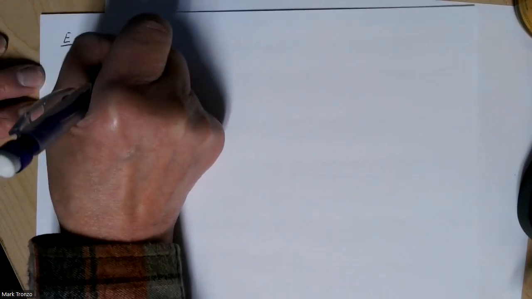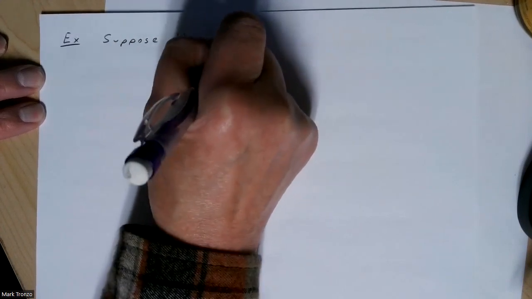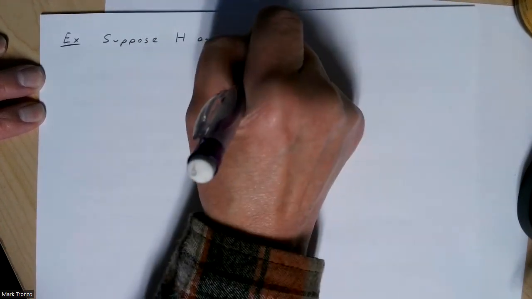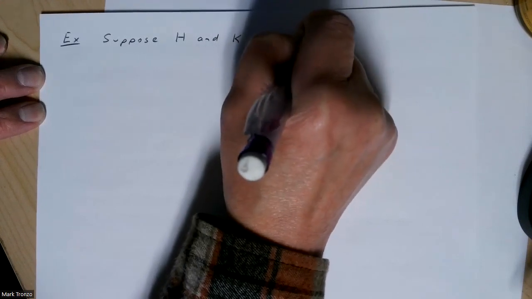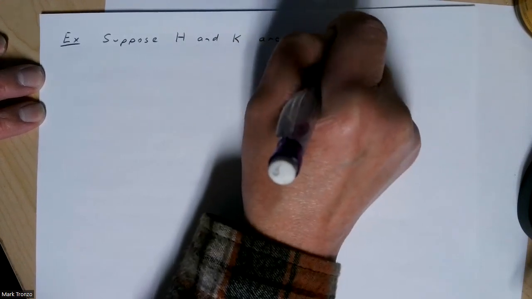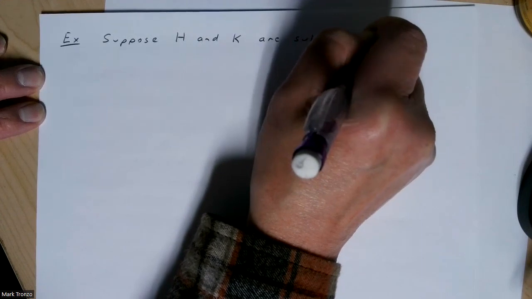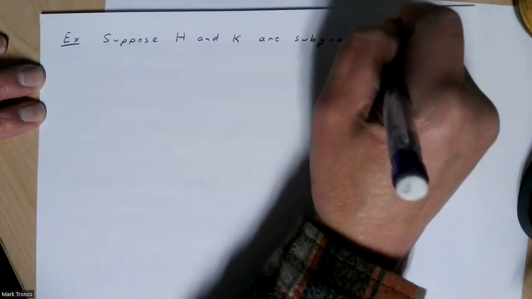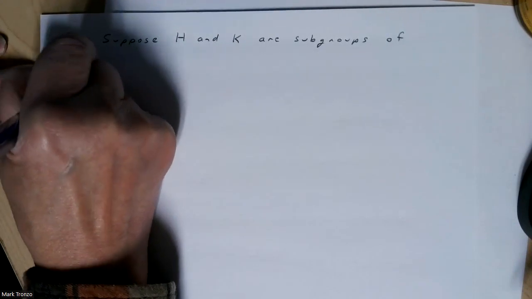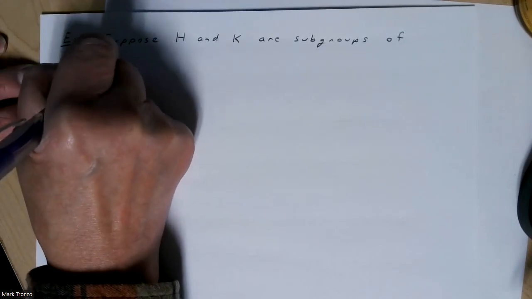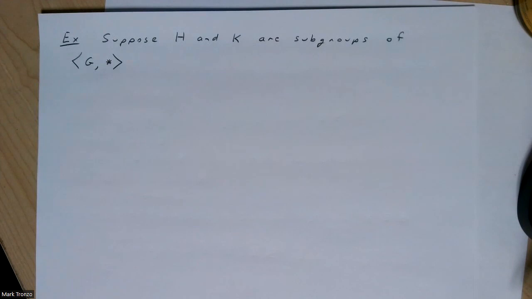Suppose H and K are subgroups of G. So they've already established that these two are subgroups.